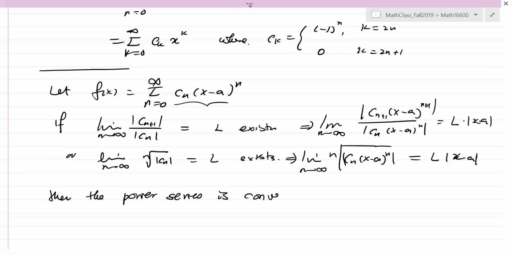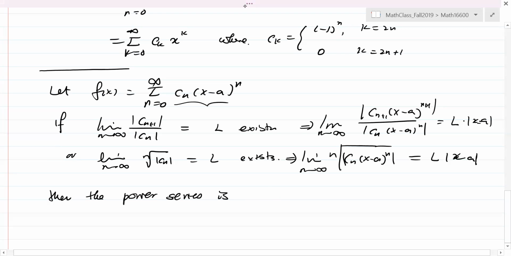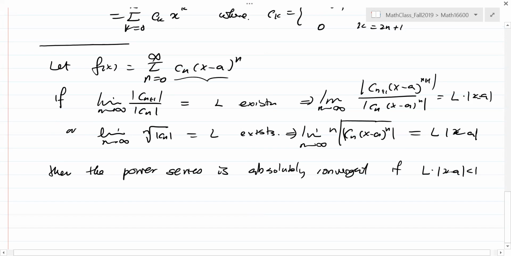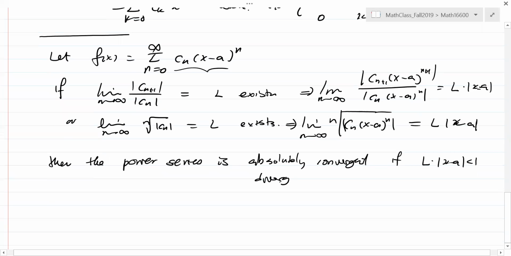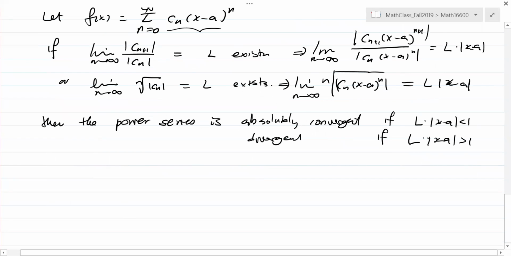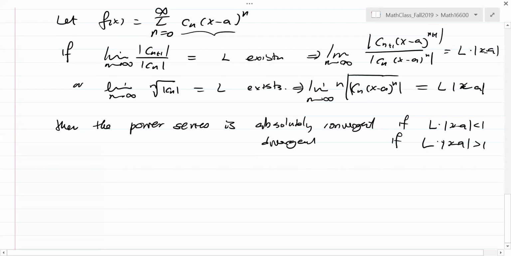It's absolutely convergent if L times absolute value of x minus a is less than 1. Otherwise, it's divergent if L times absolute value of x minus a is greater than 1. So it's important: what is L? L could be infinity. L could be finite.